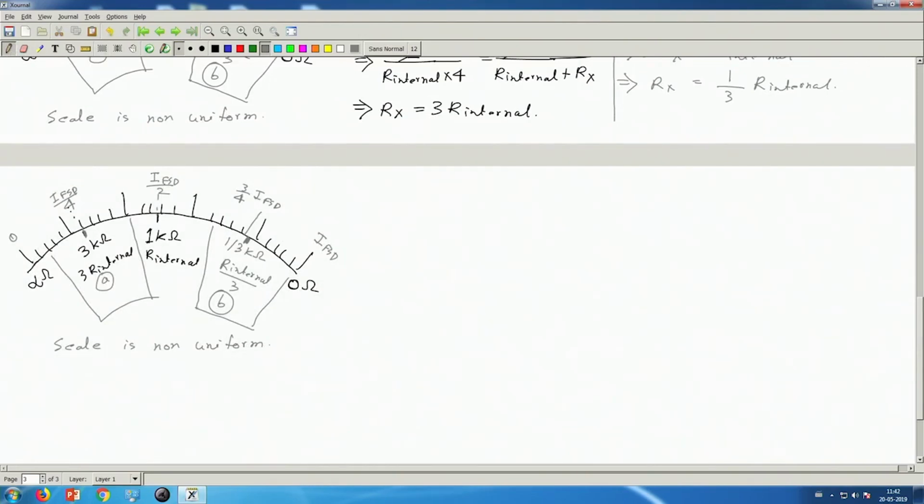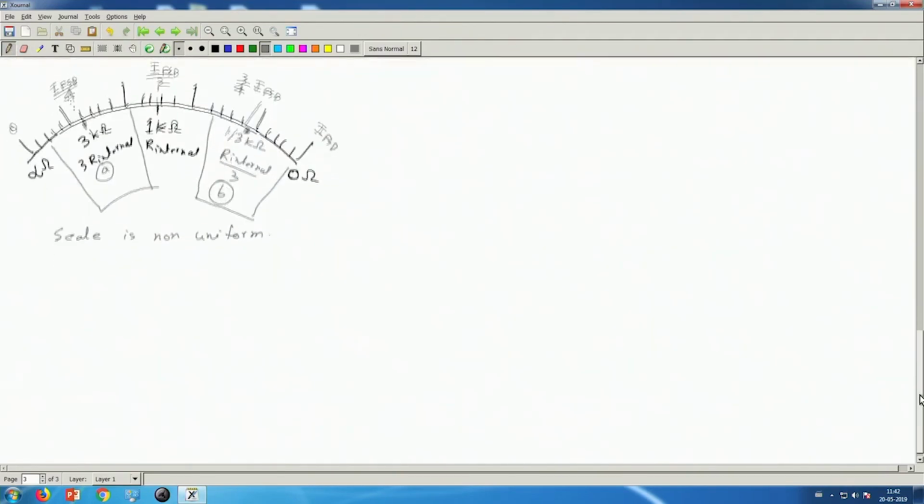Let us ask another question. Which region is good to use, in the sense that for what value of Rx in this meter we can measure it with better accuracy, better precision?